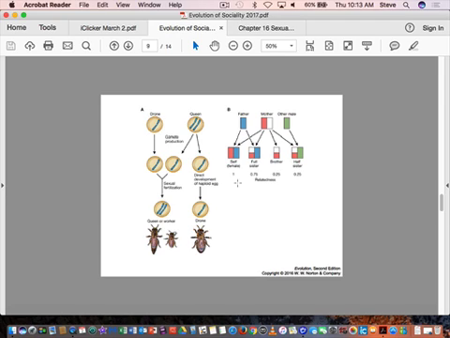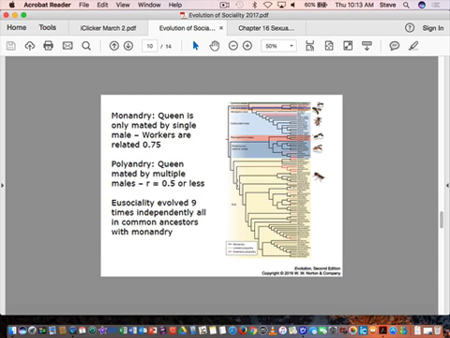Okay. So let's talk about the consequences of this. I'm not going to spend a whole lot of time on this, but when the queen is only mated by a single male, workers are related by 0.75. And when she's multiple mated by males, it turns out to be 0.5 or less.